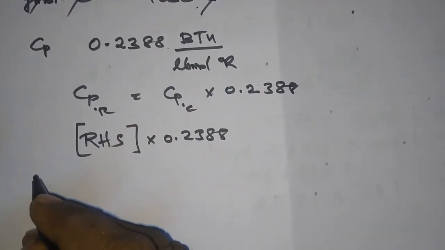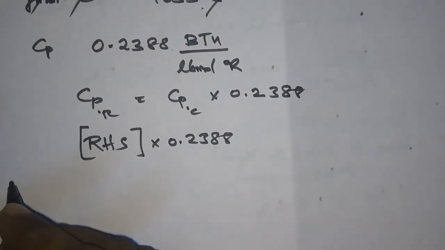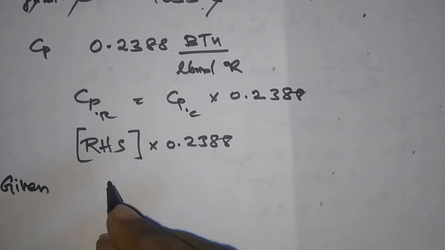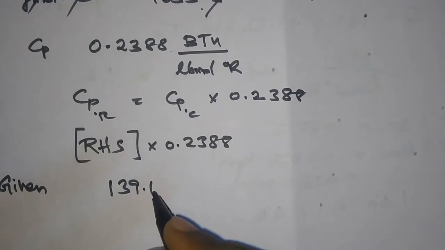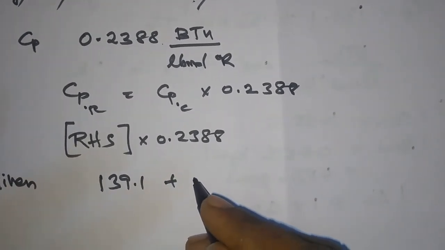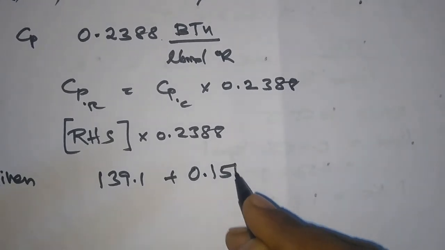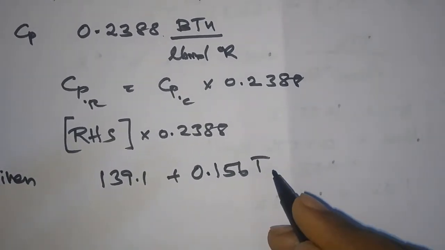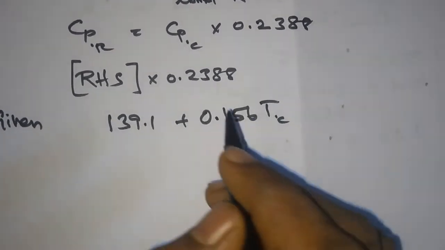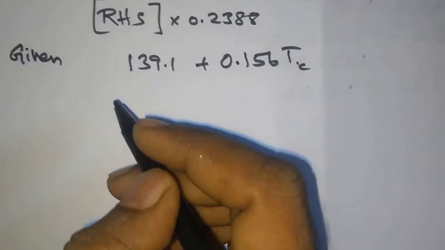To do the right hand side, what is given is 139.1 plus 1.56 into 10 power minus 1. For simplicity I am writing 0.156 T. This is in degree Celsius. So what is the conversion factor?